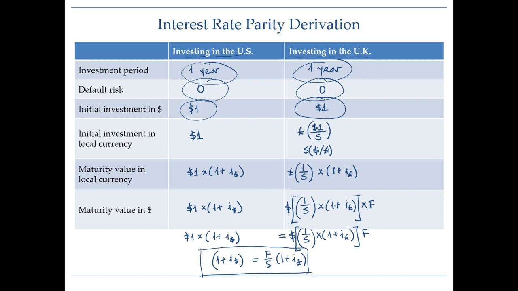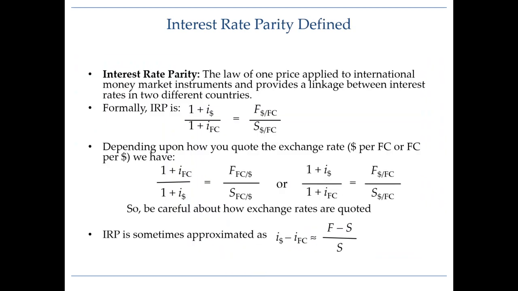And this is how we derive interest rate parity in a very simple, intuitive way. And to summarize it, you can rearrange the equation and write it as such. It doesn't really matter. So the bottom line is interest rate parity is a relationship we get when we apply law of one price to international money market instruments.